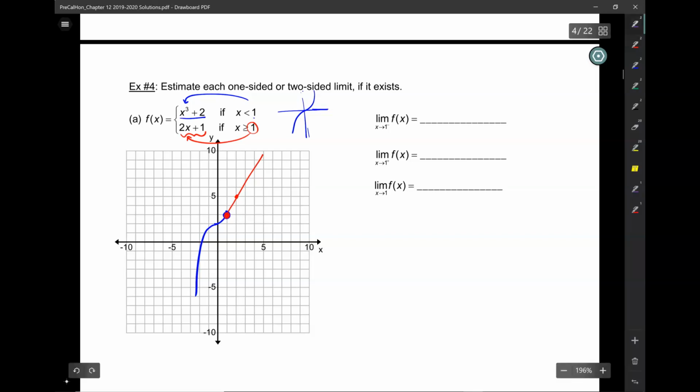As x approaches 1 from the left-hand side, there is my imaginary line. From the left-hand side, immediately to the left of this point, what's the y value? It looks like 3. Okay, as x approaches 1 from the positive side, immediately to the right of this, what's the value? It looks like positive 3. What's the limit as x approaches 1? Well, left-hand side, right-hand side equal each other, so it's 3.